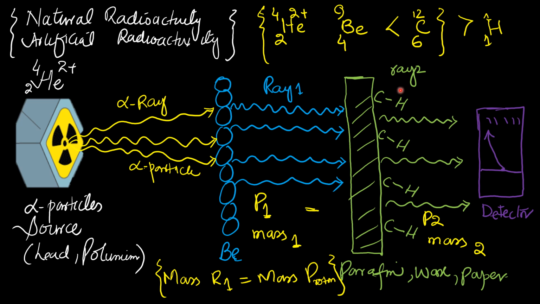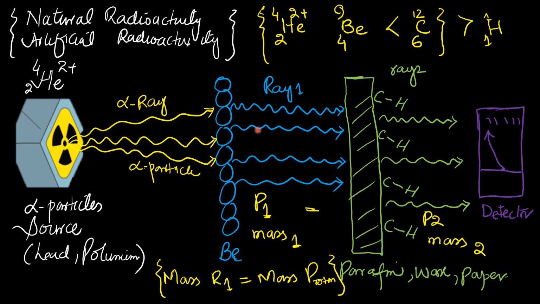The third experiment which James Chadwick performed was that he removed the paraffin wax from his whole experimental setup. When he removed the paraffin wax, ray 1 fell directly on the detector, but the detector did not detect any kind of radiation, which means that ray 1 is neutral.